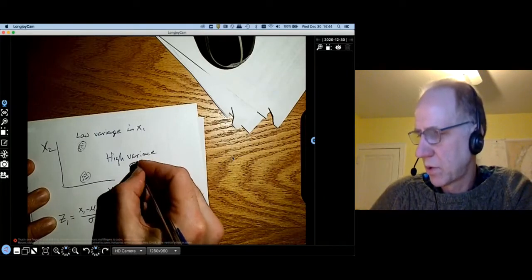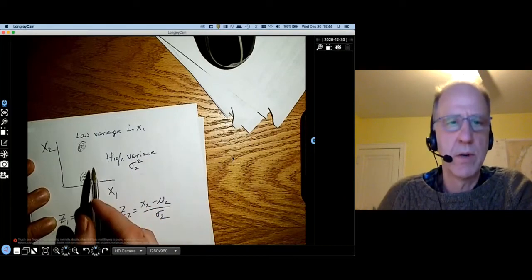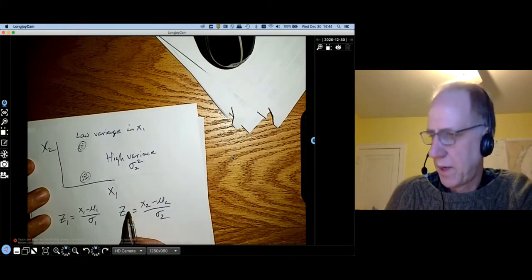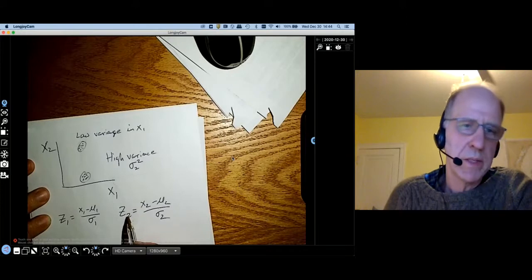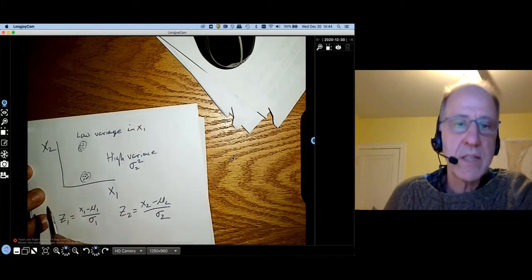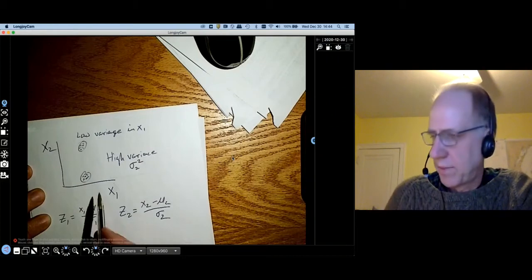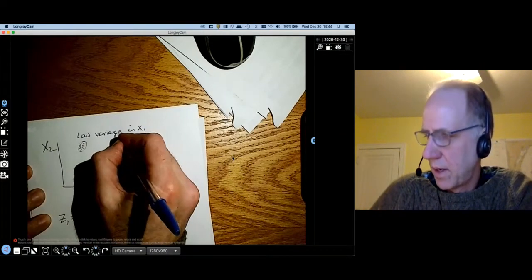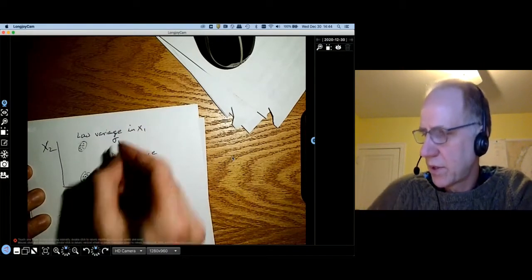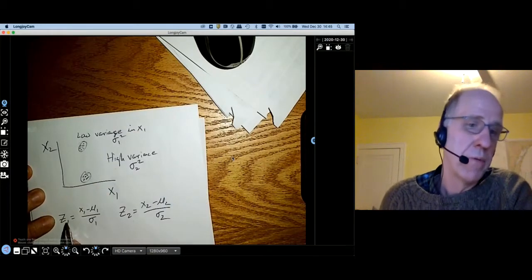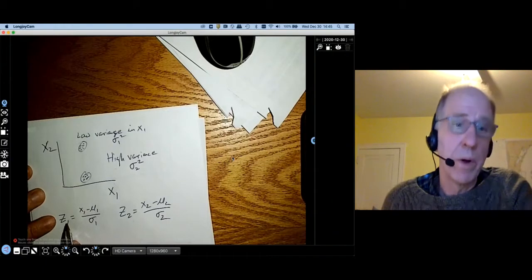So sigma 2 squared is the variance in this direction. So I divide by big numbers, and the relative variation in the z2 direction will be much smaller. Likewise, the standard deviation of x1 is very small, so I divide by a small number. I'm going to have a lot more variance in the z1 direction.